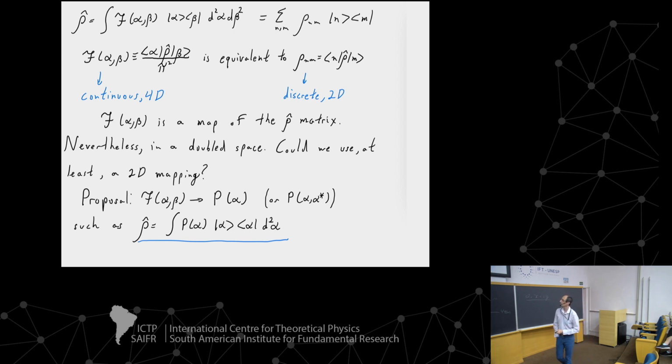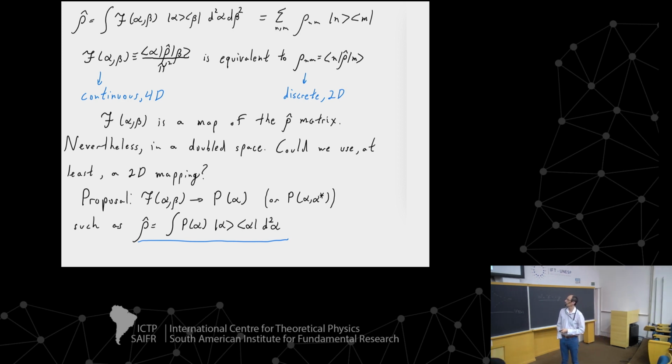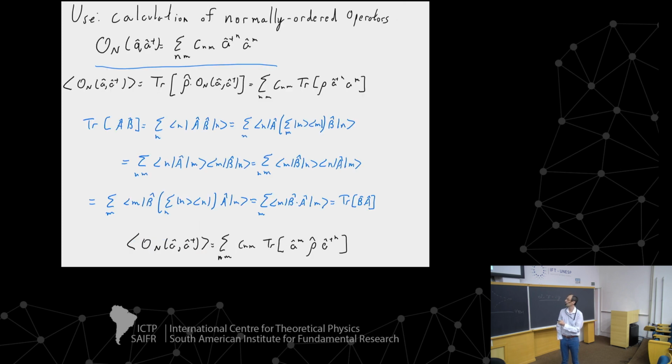And let's see what happens when we make this proposal. So now we're taking only diagonal terms, involving the projection of alpha into alpha. That was a suggestion made by Glauber and Sudarshan.